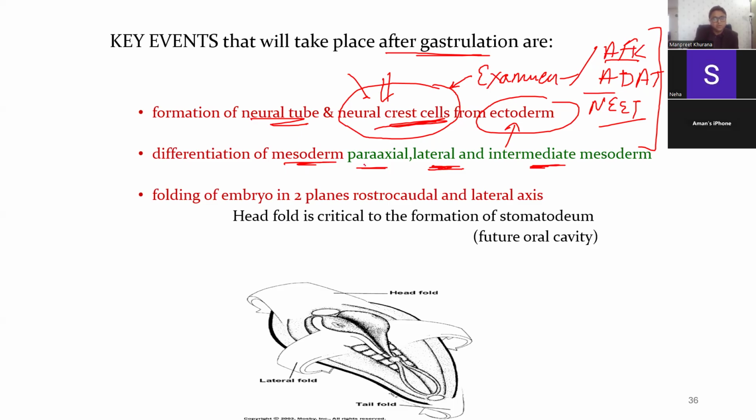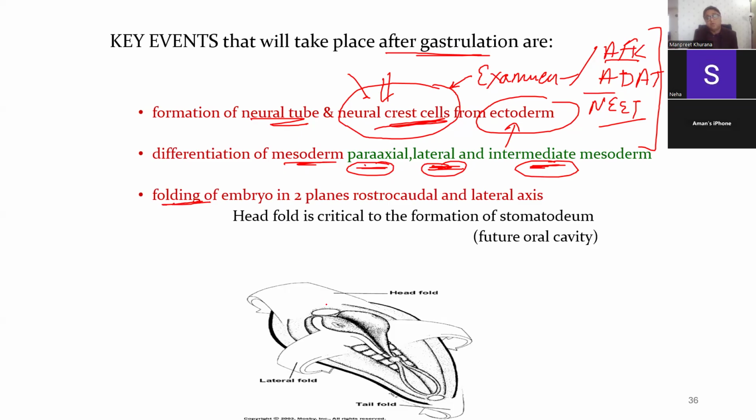Not very rare, in our dental exams, sometimes they ask questions about the derivatives of these particular divisions of the mesoderm. Sometimes they are in the options, so we should know what the derivatives of these individual differentiated mesoderms are, right?